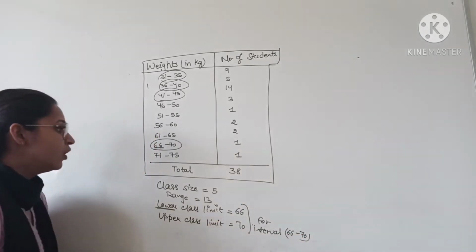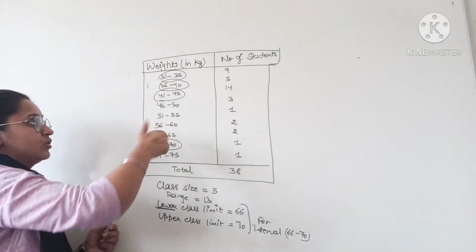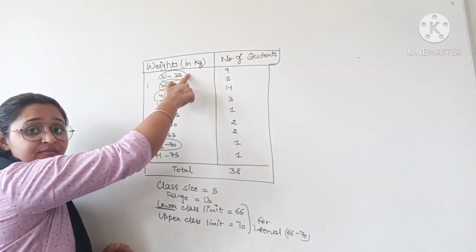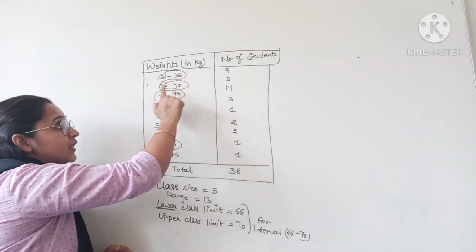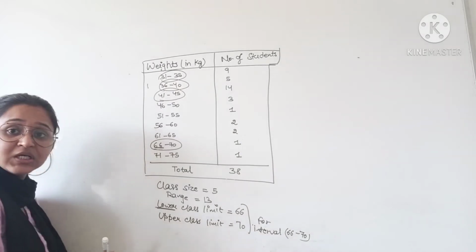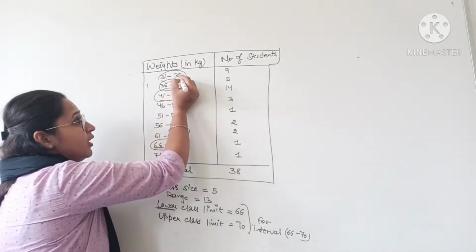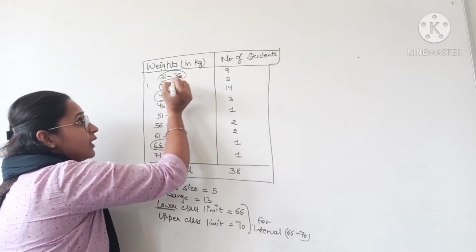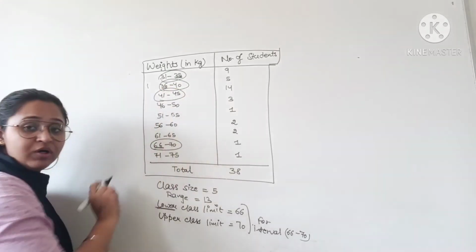Now see, from these intervals, first is 31 to 35 and next is 36 to 40. It means there is a gap between the upper limit and the lower limit.